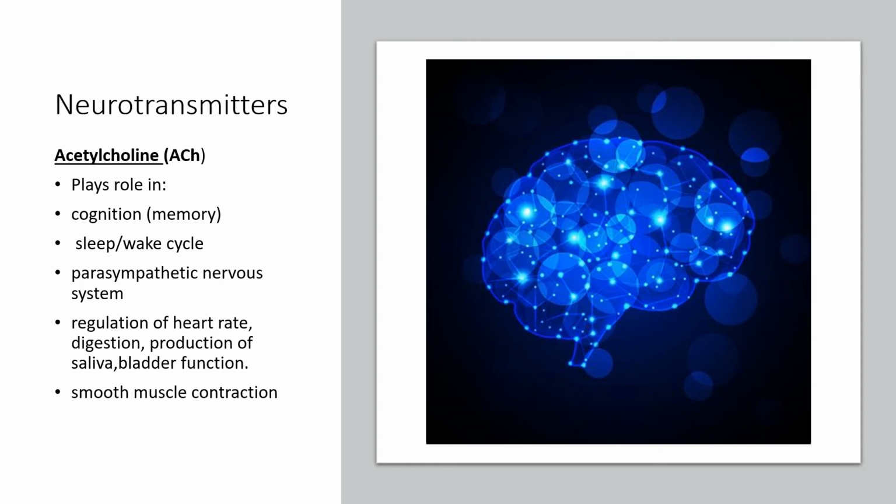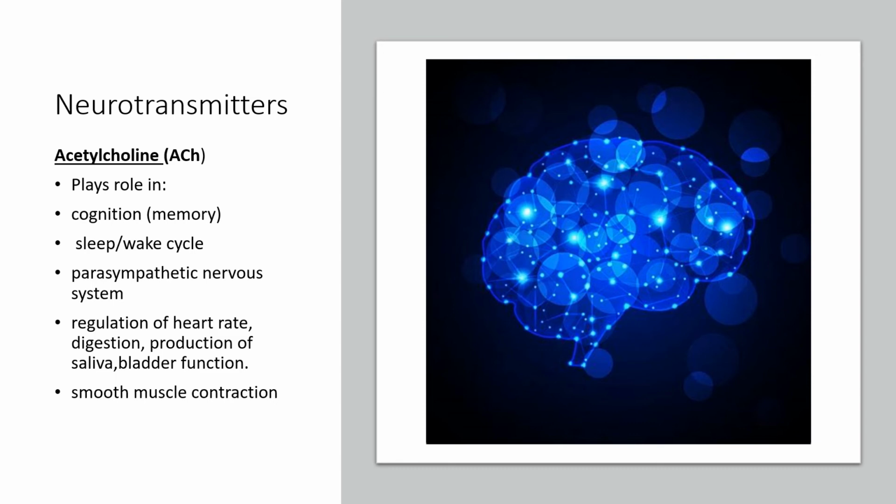Another neurotransmitter that is important, and of course they're all important, but I think when we're thinking about psychology, and you're going to be learning about learning and memory in particular later in our next unit, is acetylcholine. It plays a role in cognition, in thinking and memory, also in our sleep-wake cycle, and our parasympathetic nervous system.